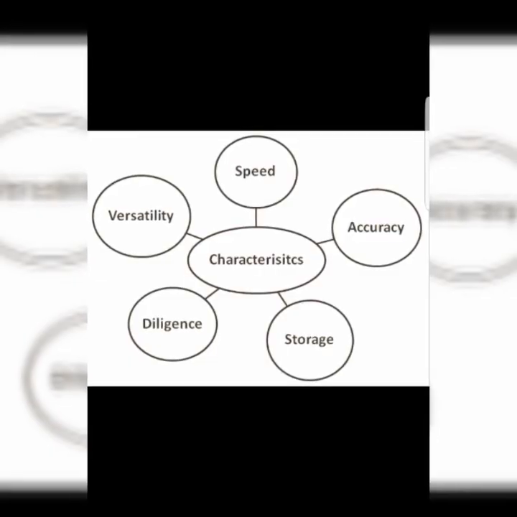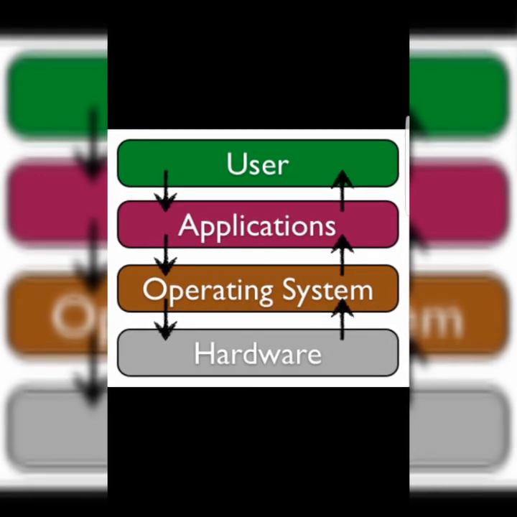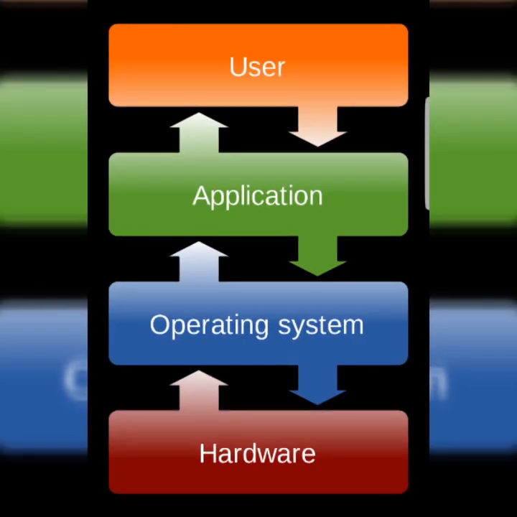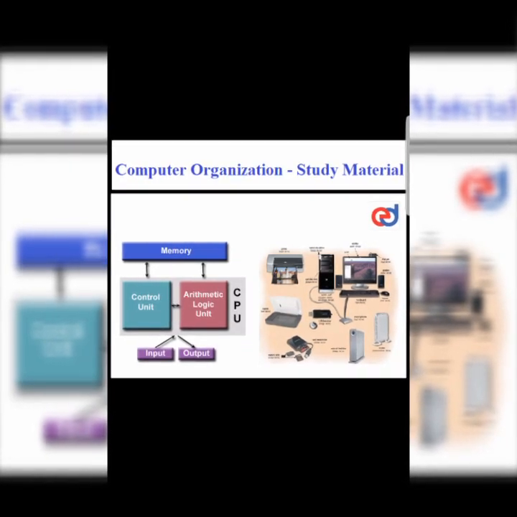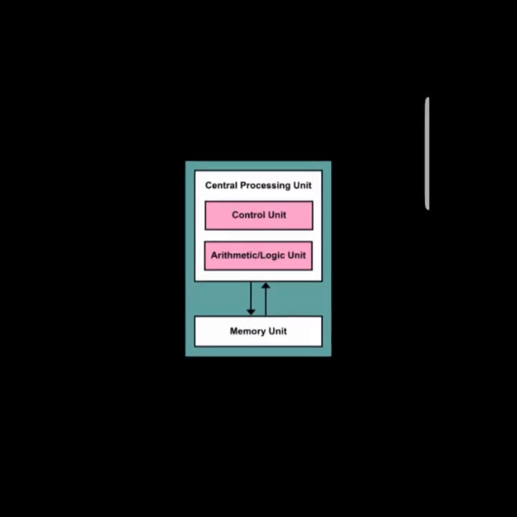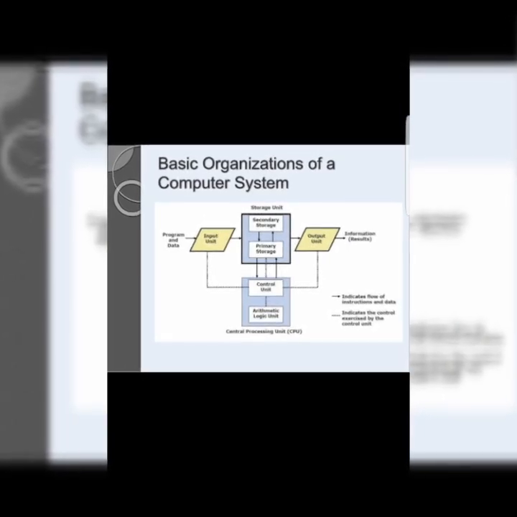The first one is speed. A computer can do instructions at a very fast speed. It does millions of instructions per second.